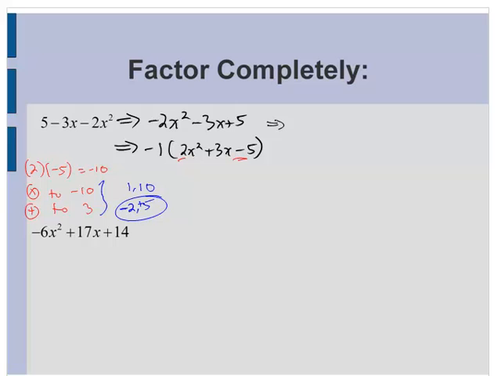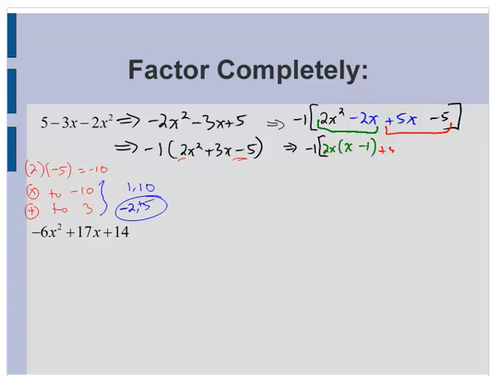So then this would give me negative 1, 2x squared minus 2x plus 5x minus 5. So negative 1 by, let's see, we'd have 2x by x minus 1.